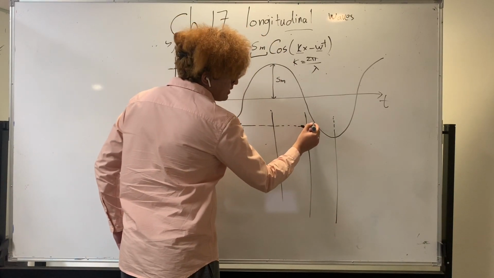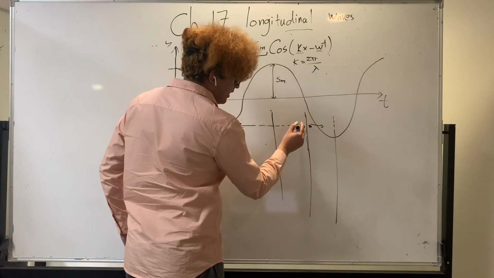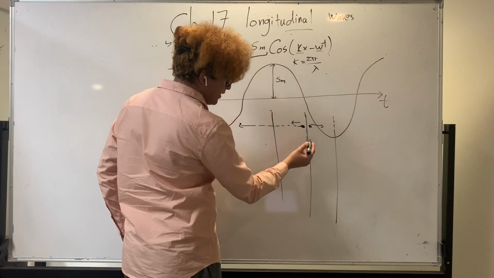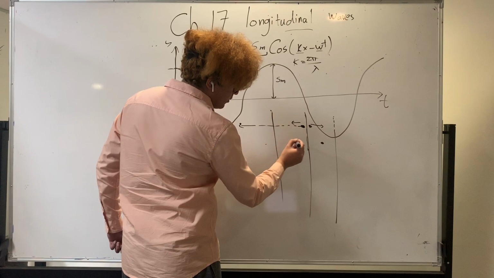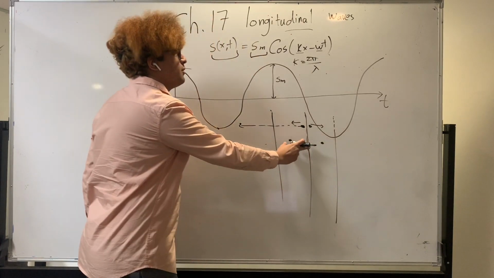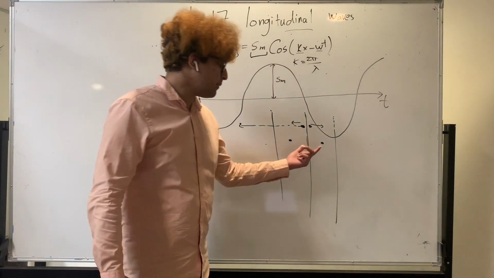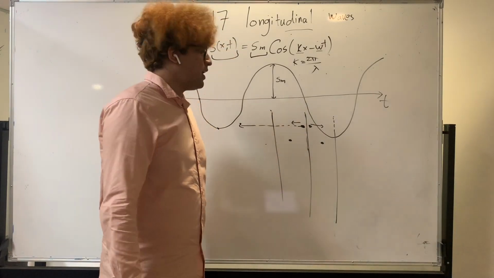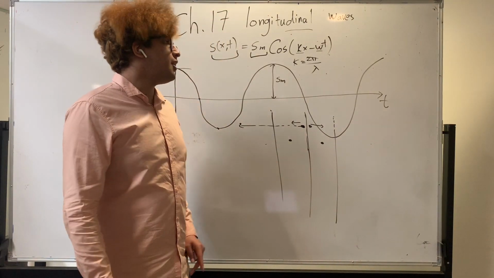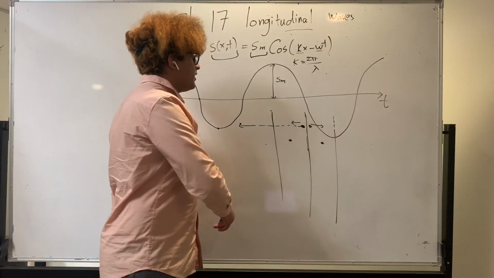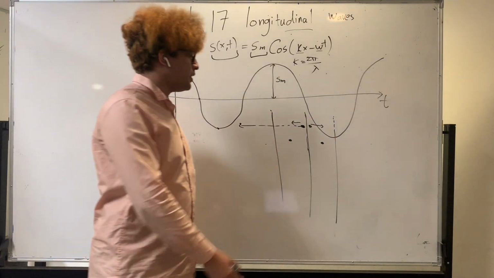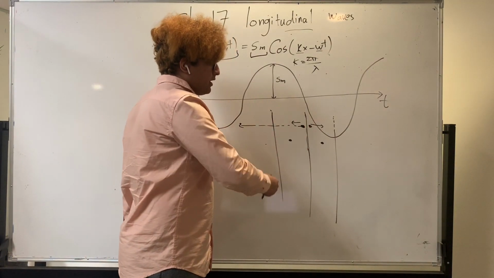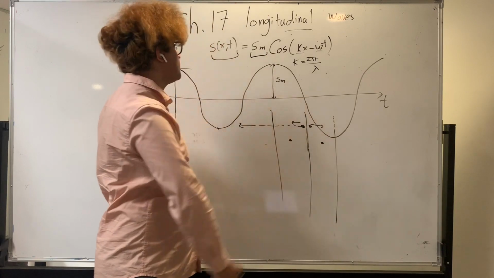So as this particle displaces in this direction, and this particle displaces in this direction, the distance between the two particles will be higher, and the pressure is going to be lower. So pressure and displacement are inversely related. If we have a very high pressure, then we have a very small displacement. As the displacement increases, pressure decreases.